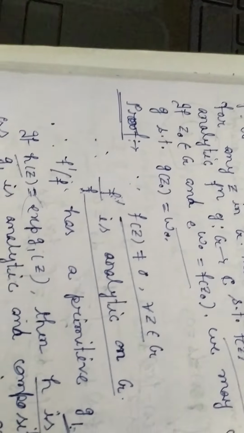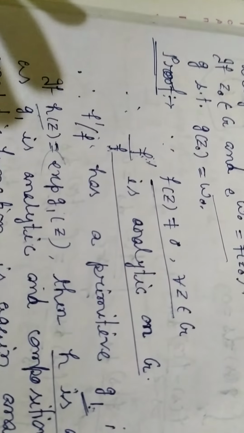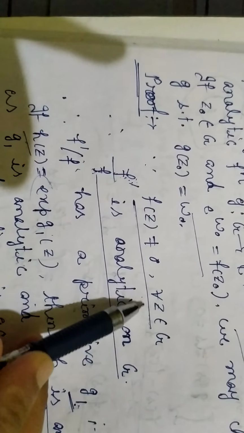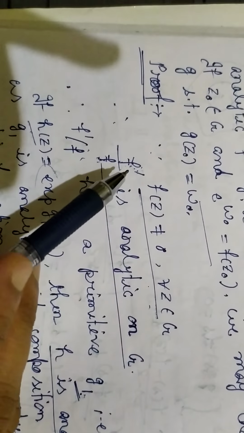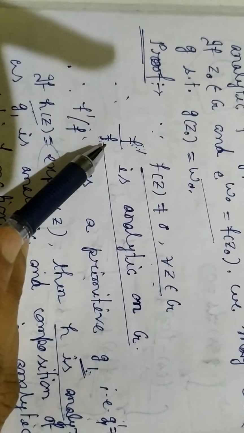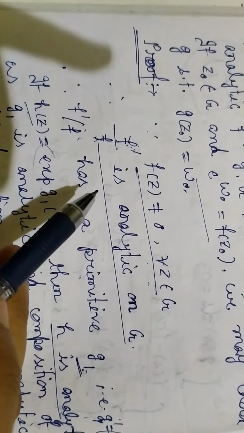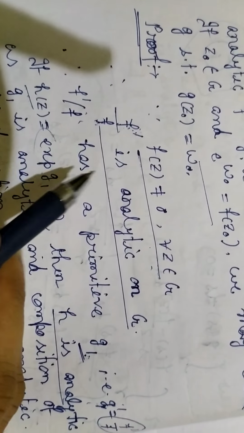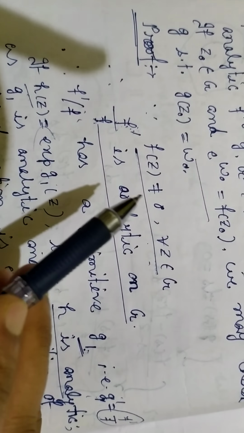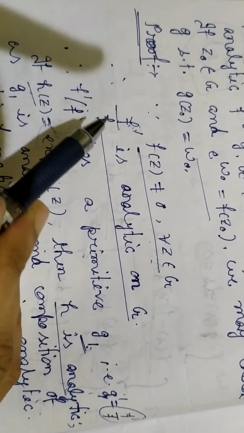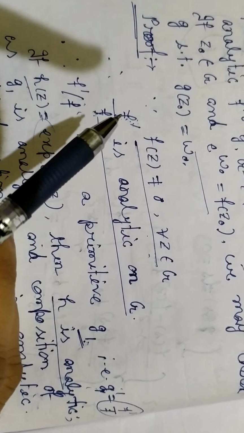From the given condition in the proof, f(z) is not equal to 0 for every z. So we can think about the quotient f dash by f, because the denominator is not equal to 0.